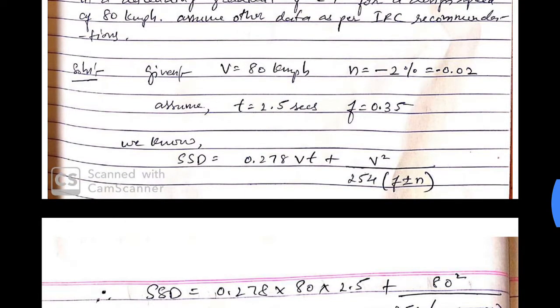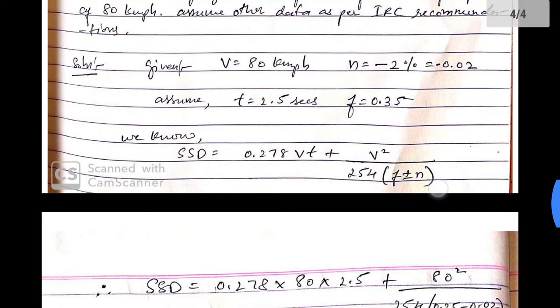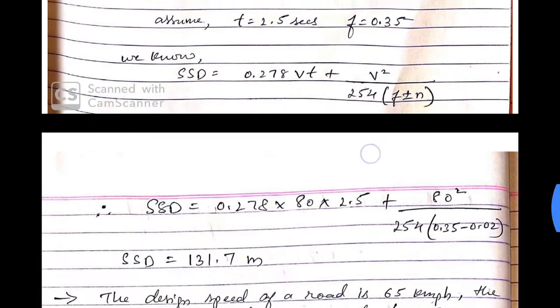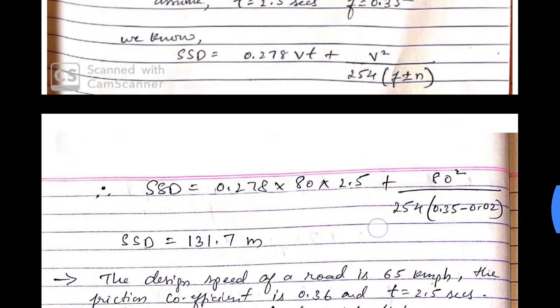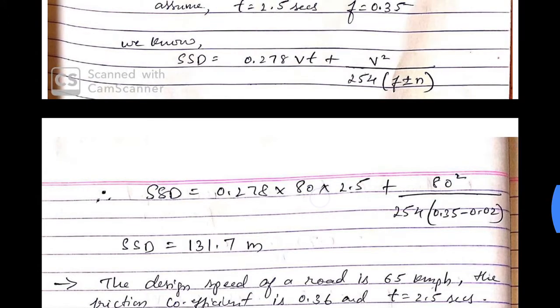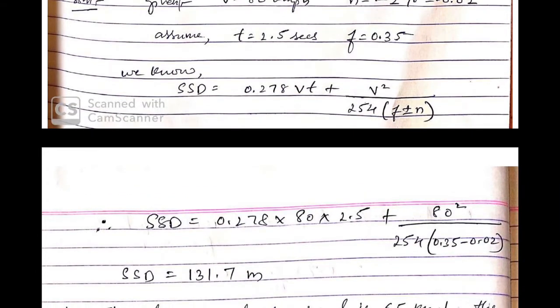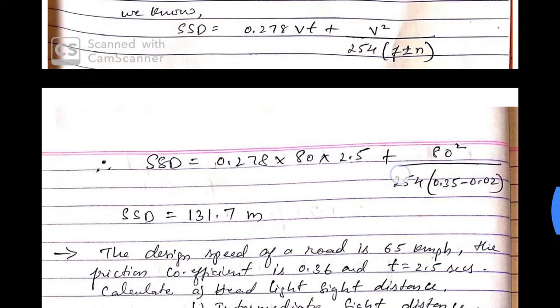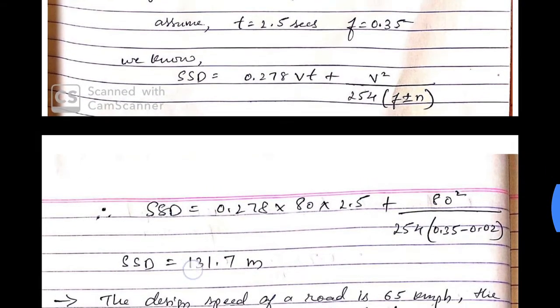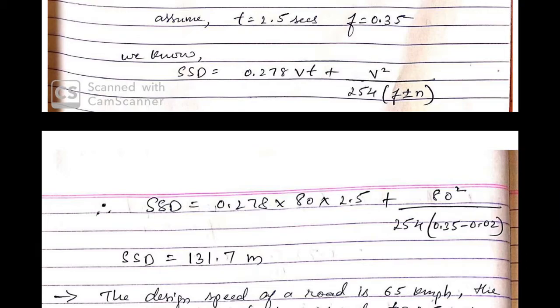Okay, or upward it will be positive and downward it would be negative. Substituting the values, V equal to 80 kmph, T 2.5 seconds and F is equal to 0.35 and n is minus 0.02. We get the value of SSD as 131.7 meters.